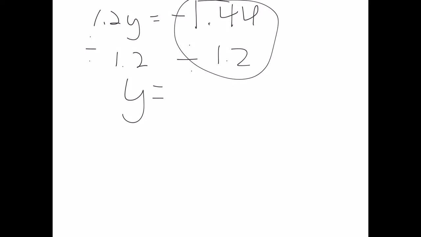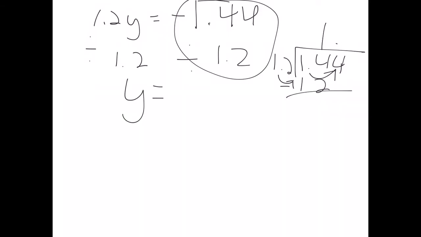Then you're going to set up the problem. So it's 1.44 divided by 1.2. And then you're going to move your decimal over, place it up top, and then 12 goes into 14 once. And then you have 2 left over, which is 24, and then 2. So then that equals 1.2. And then you're done.